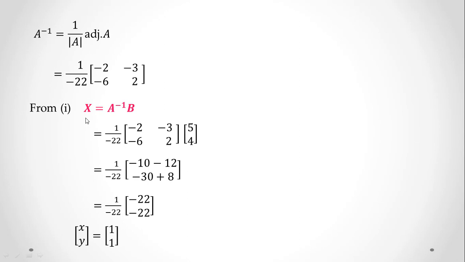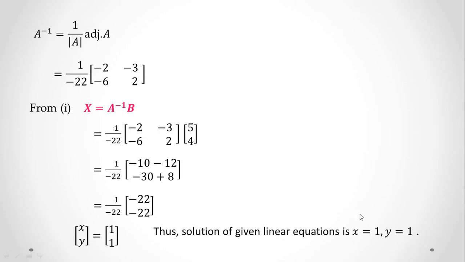Now what is X? X is the matrix xy, the matrix of two unknowns x and y, and it is equal to, finally, 1, 1. Again, by equality of matrices, comparing both sides, we get the solution of the given linear equations: x is equal to 1 and y is equal to 1.